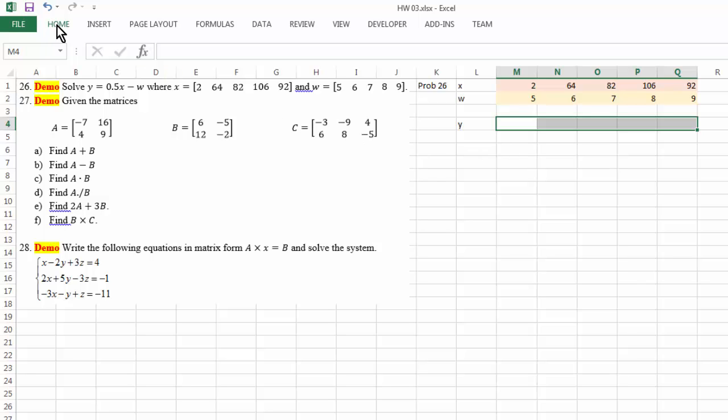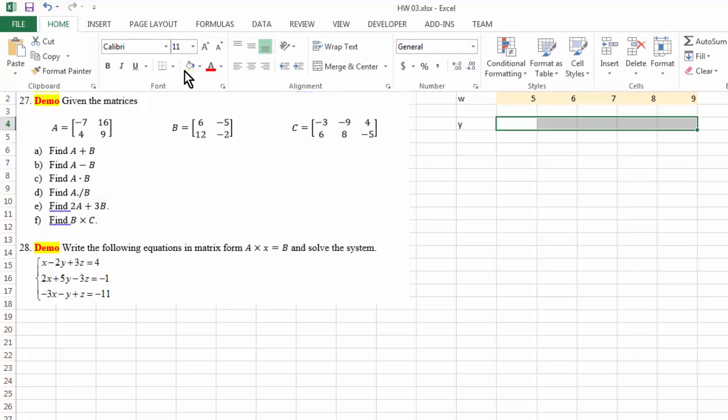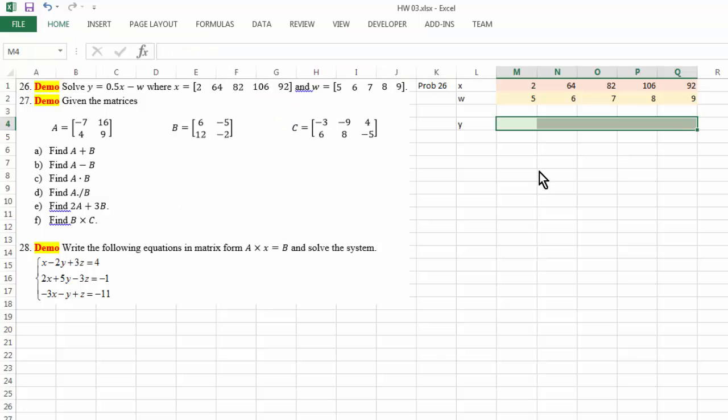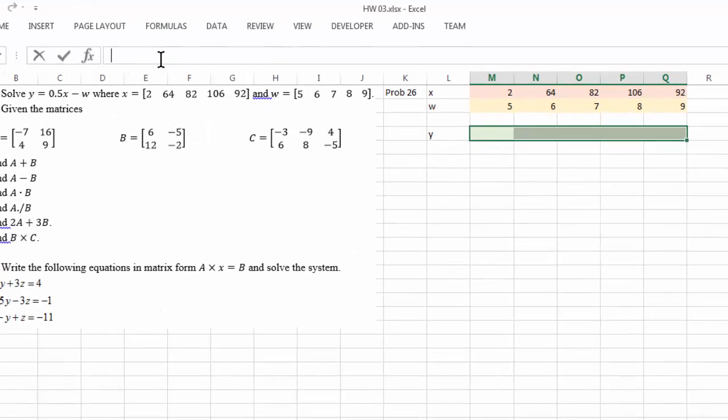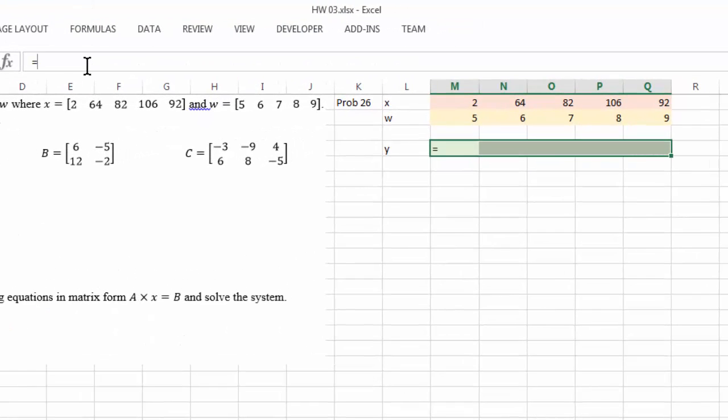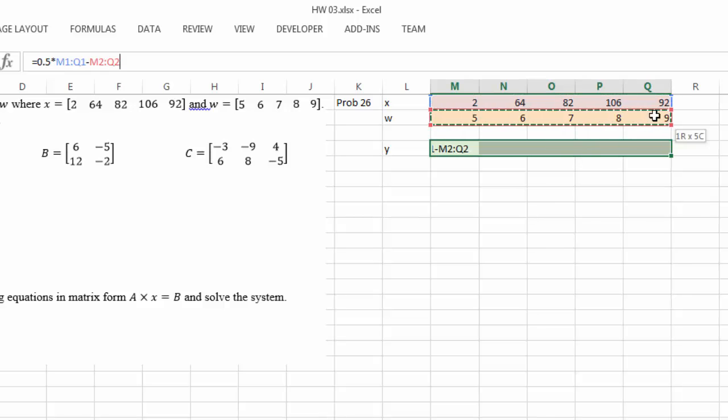So you will not be successful if you don't already know that information. Therefore, let me give it some background. And then I'm going to highlight this entire row and start typing equals 0.5 multiplied by the X matrix, and then minus the W matrix.